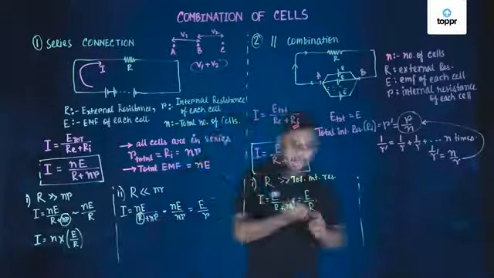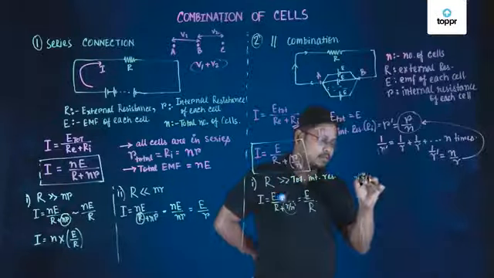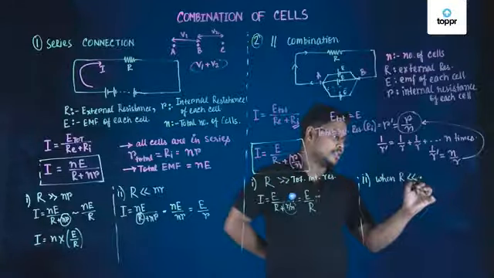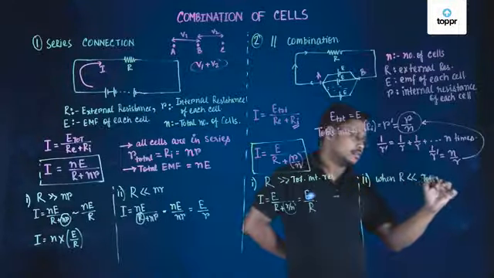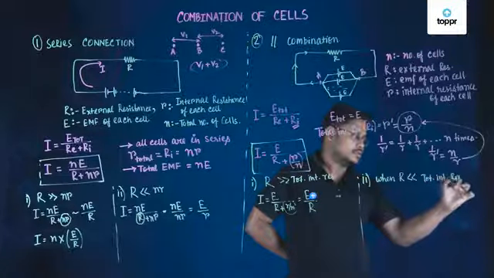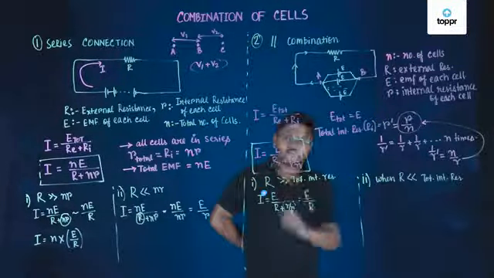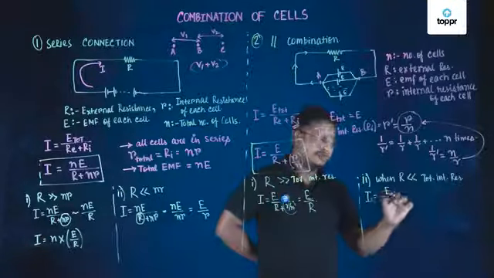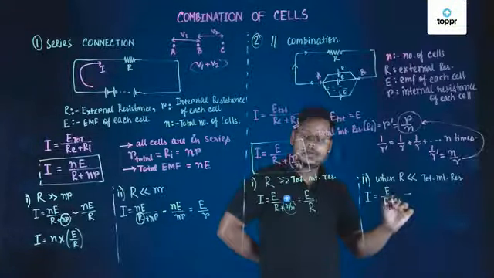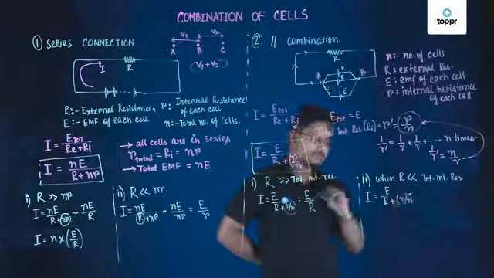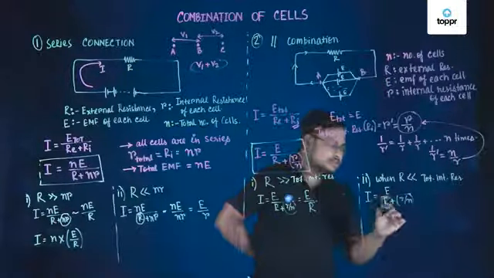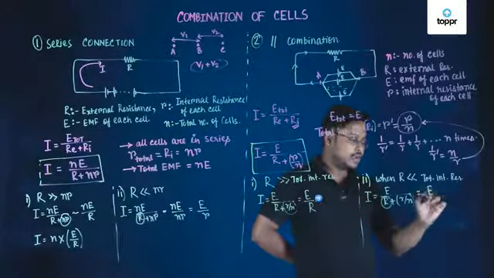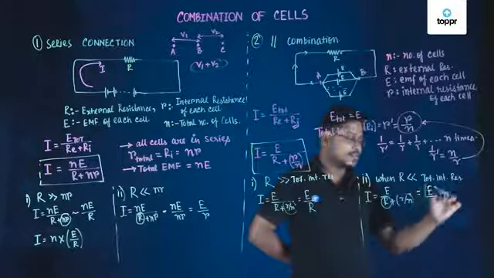Now let's look at the second case, when R is much smaller than the total internal resistance. Let's again start from this formula, I is given by E divided by R plus r by n. Now we can discard the term capital R, so we are left with E divided by r by n, that is, E times n divided by r.